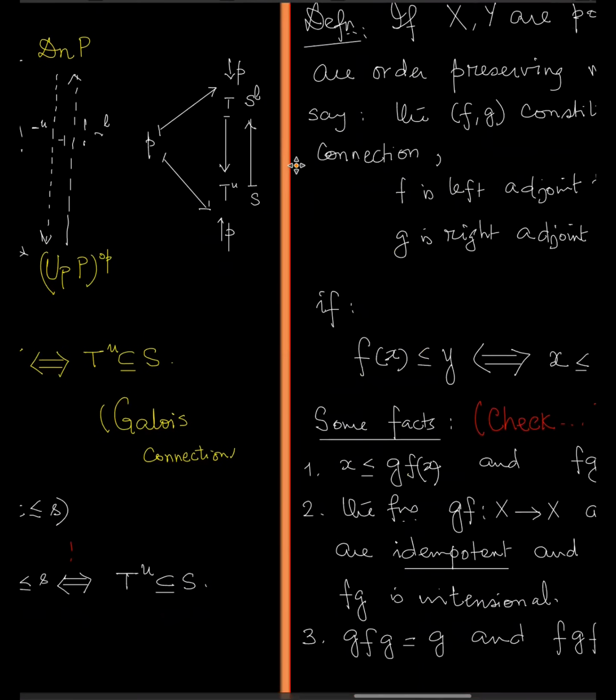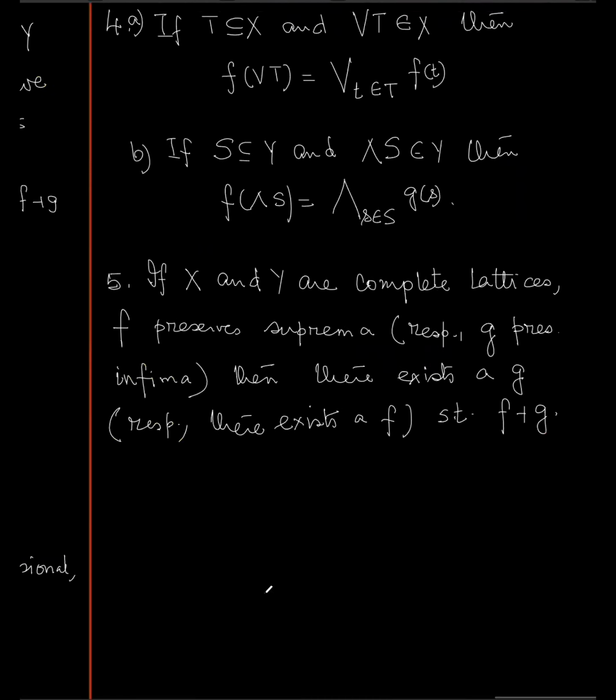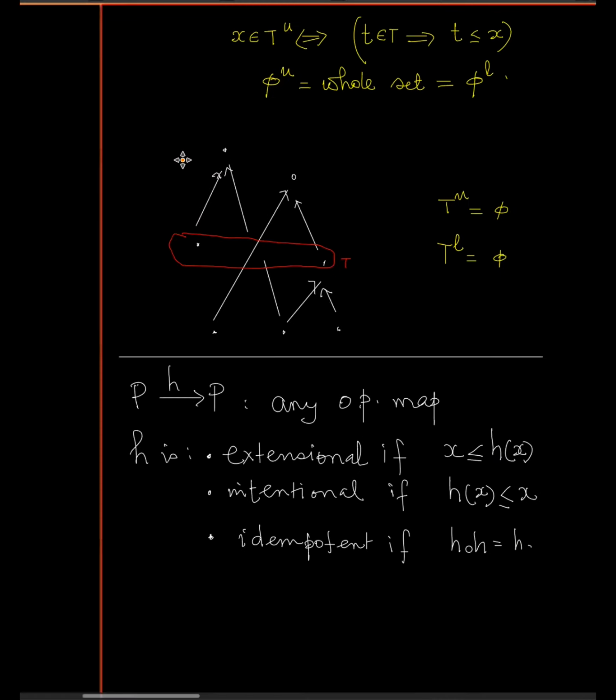Now, suppose we have a Galois connection in general, let's see something nice. What happened? Okay. Suppose we have, assume we have a Galois connection over here.